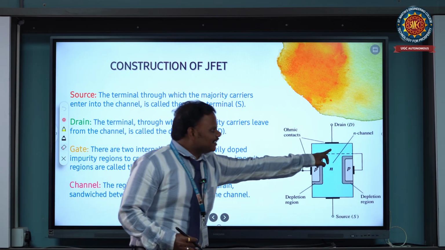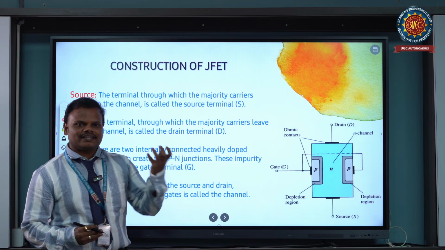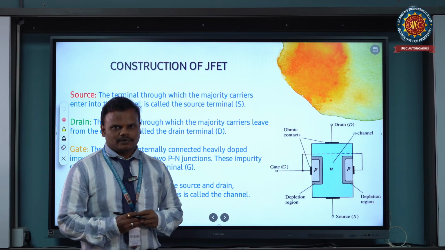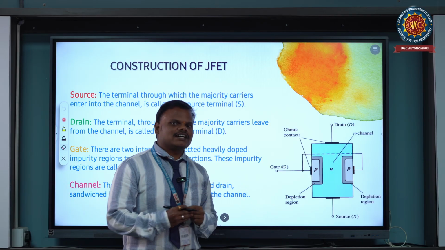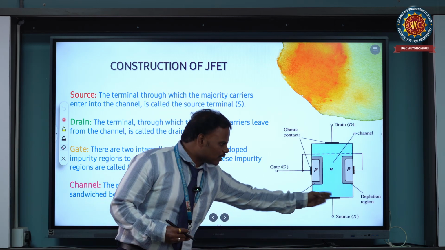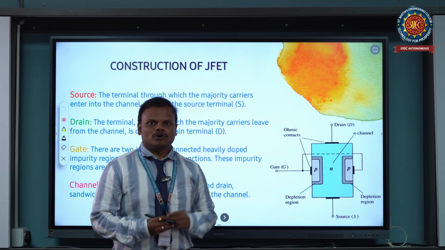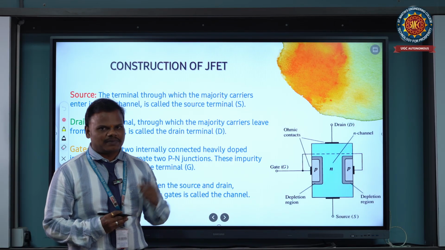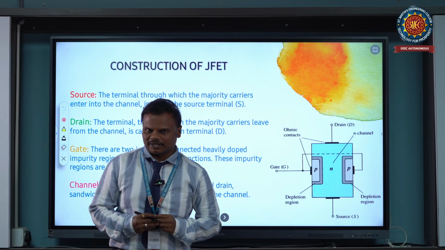Similarly, the drain is the point from where the majority carriers leave the device. The gate is the terminal with which we control the flow from source to drain. Indirectly, we control the current of this device by controlling the gate terminal voltage.